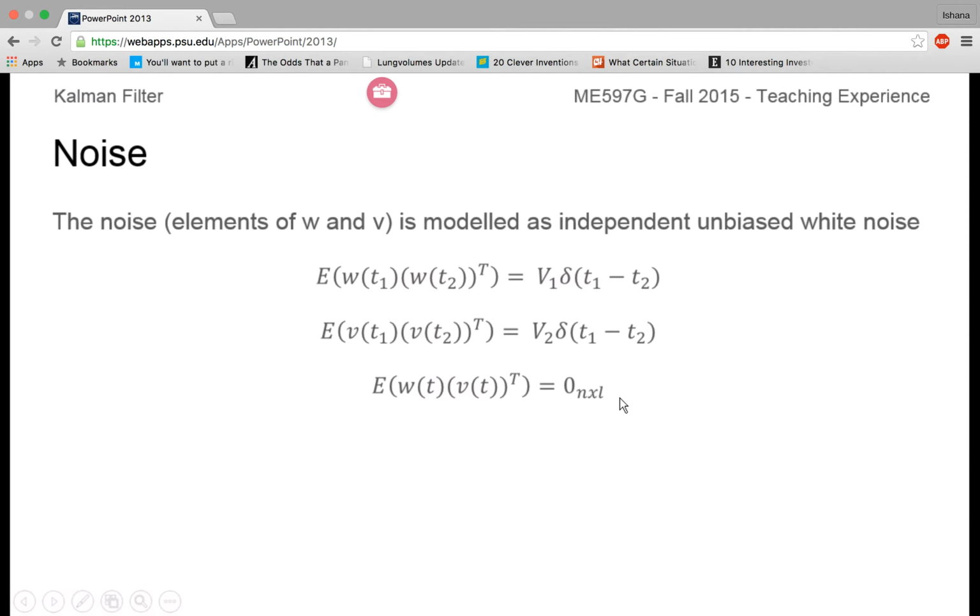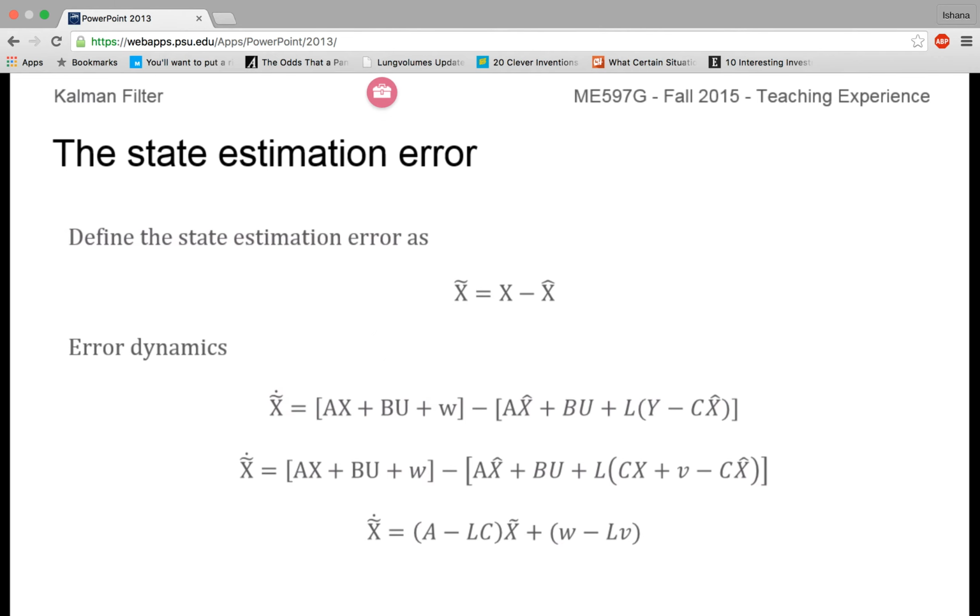Now, keeping these relations in mind, we will now talk about the error, and we're nearing the part where we get to the Kalman filter gain.